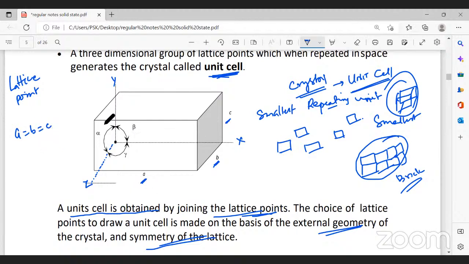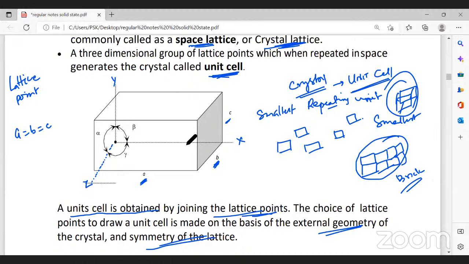A cube has 3 axes, x, y, and z. The length is represented by letter a, the width by letter b, and the height by letter c. This is very important for you to understand. The angle between x and y is represented by beta. The angle between y and z is represented as alpha.